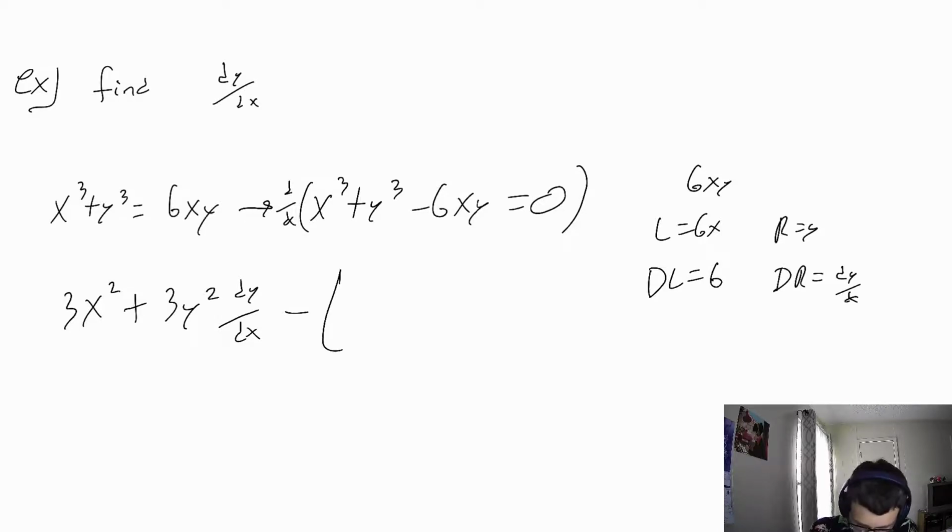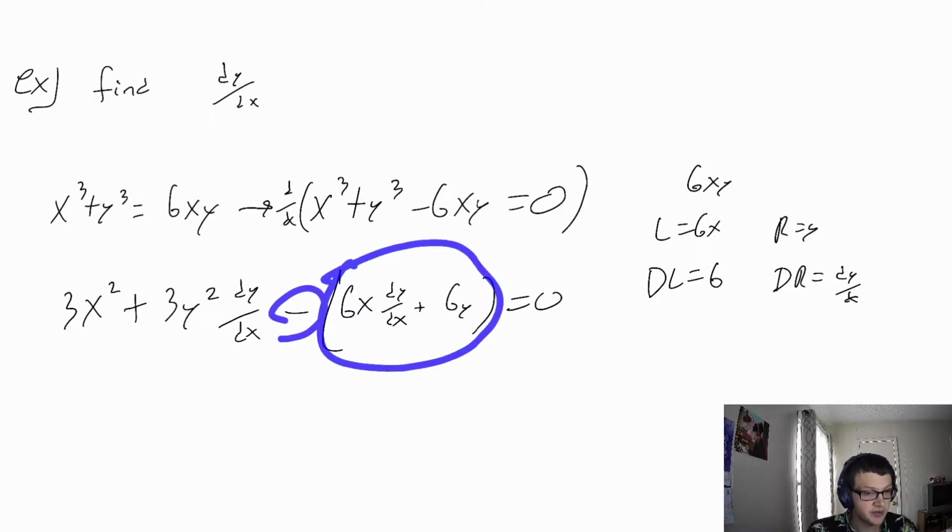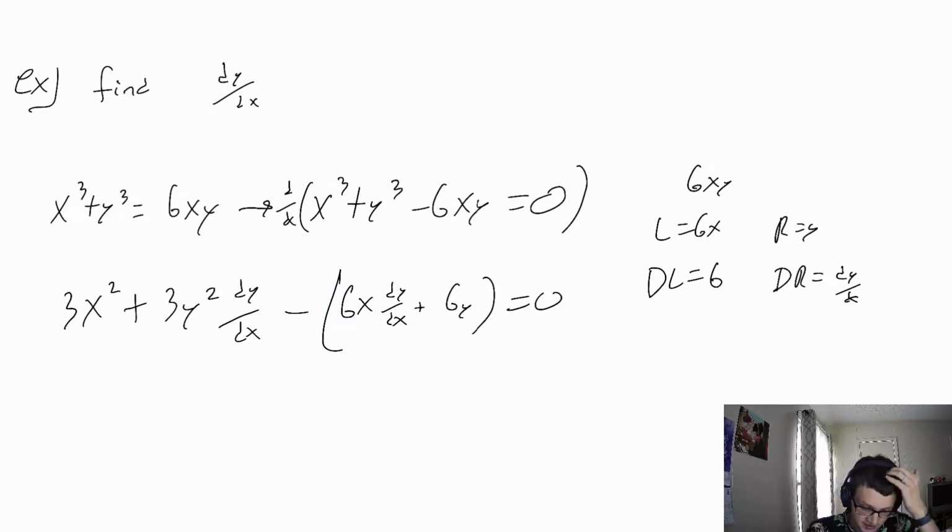So if we throw that all together, we're going to get LDR plus RDL. Notice here I am subtracting off the entire derivative, so I put that derivative in parentheses. So we have this minus 6 here. The minus gets carried down over here, but we're taking the derivative of this and putting that entire derivative in parentheses.